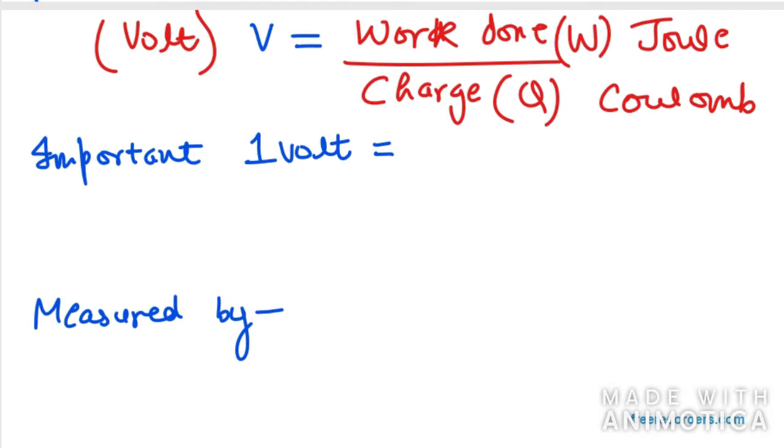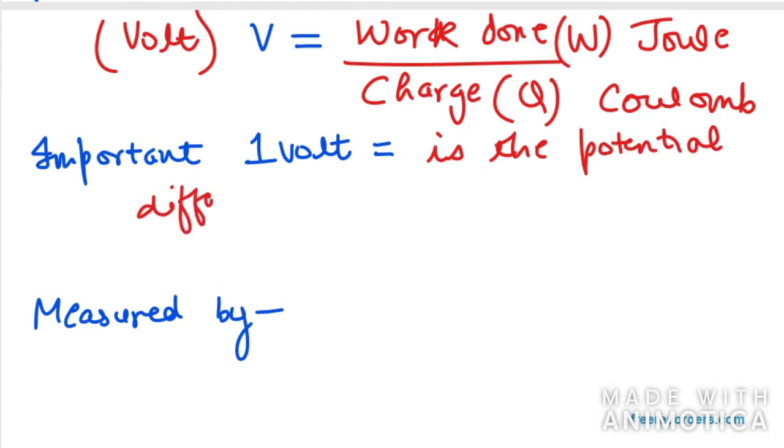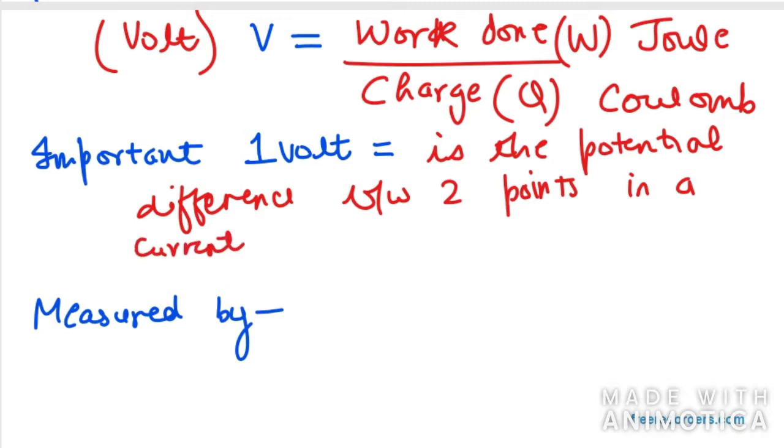You can write it as: 1 volt is the potential difference between 2 points in a current carrying conductor when 1 joule of work is done to move a charge of 1 coulomb from one point to another, as stated first.